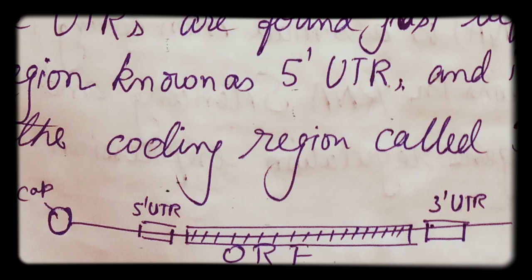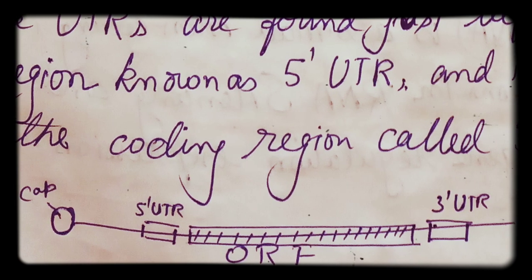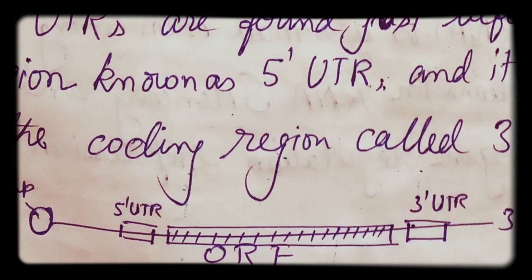Now this 5' UTR is found on the upstream, right? It is found just before the start codon of the open reading frame. And then comes the 3' UTR. The 3' UTR is found in the downstream, just after the stop codon of the open reading frame.